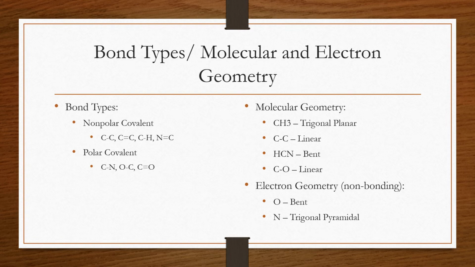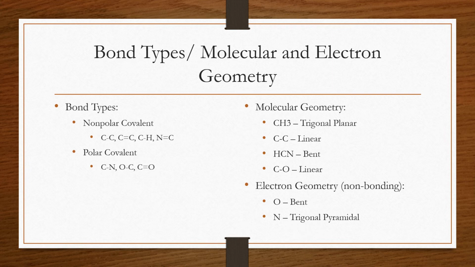Our first one is nonpolar covalent, which consists of carbon-carbon with a single bond, carbon-carbon with a double bond, carbon-hydrogen with a single bond, and nitrogen-carbon double bond. Our polar covalent bonds consist of carbon-nitrogen single bond, oxygen-carbon single bond, and carbon-oxygen double bond.